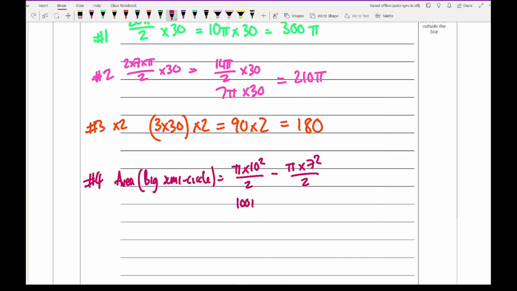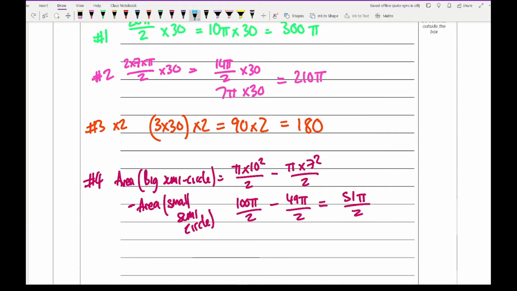That then becomes 100 pi divided by 2 minus 49 pi divided by 2, which leaves me with 51 pi divided by 2. And we've got 2 of those, so I times that by 2, which therefore equals 51 pi.